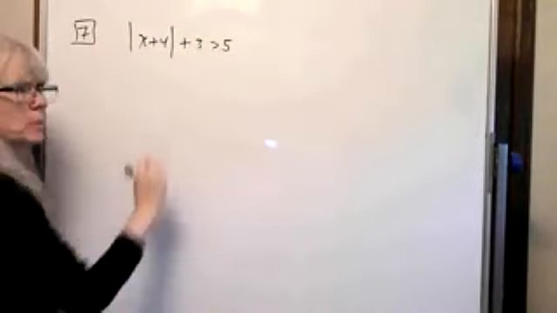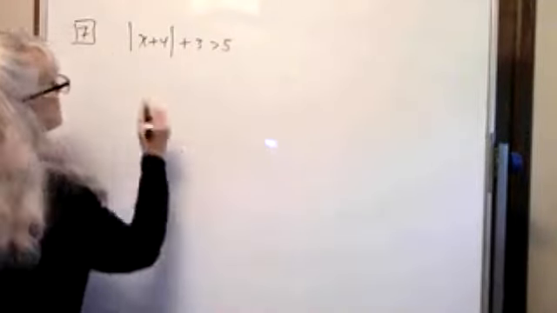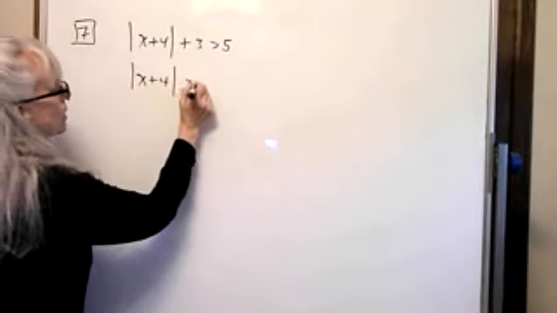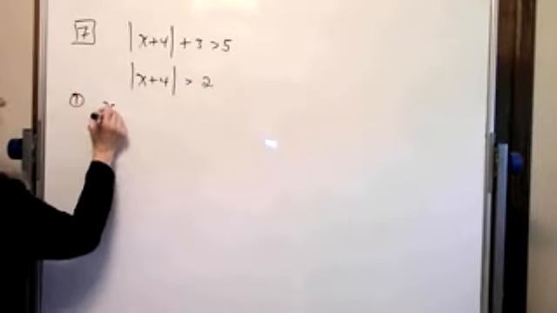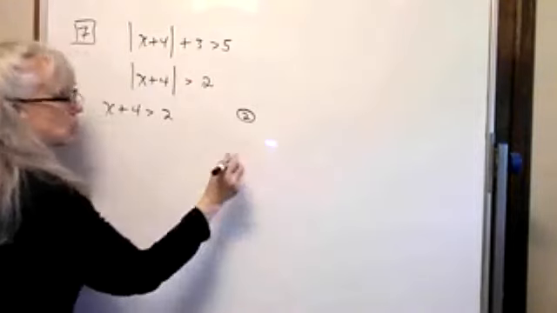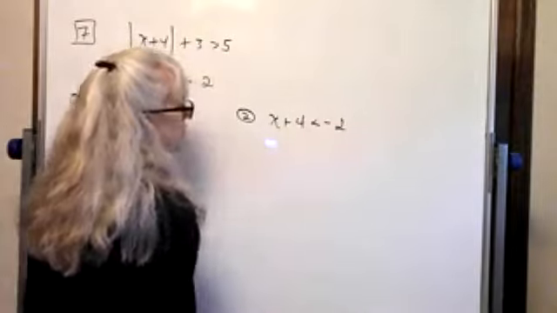We have that extra term again. Make sure you take care of that before you write your inequality statements. So this is the absolute value of x plus 4 is greater than 2. So my first statement is going to be x plus 4 is greater than 2. Our second statement would be x plus 4 is less than negative 2.